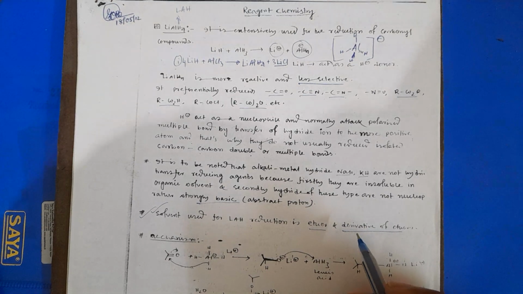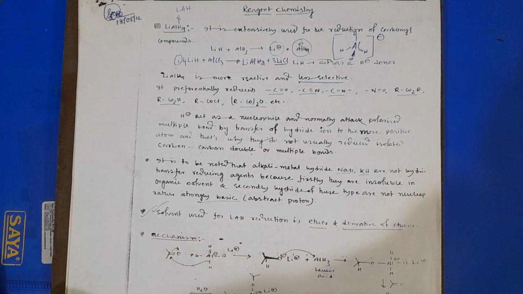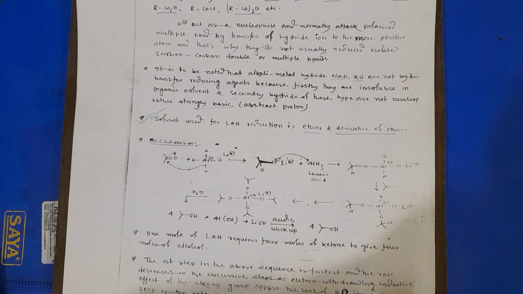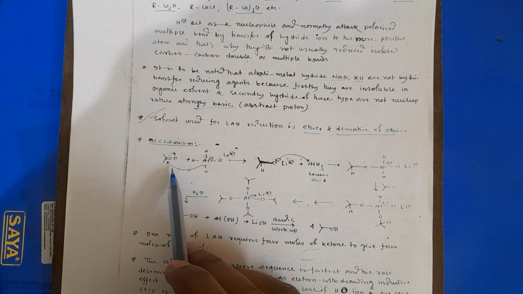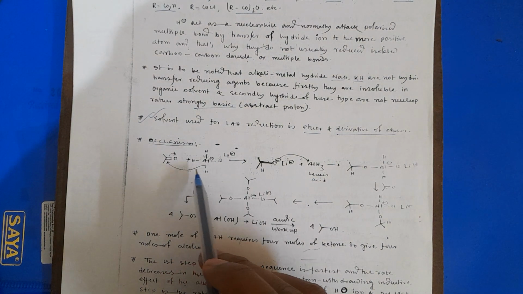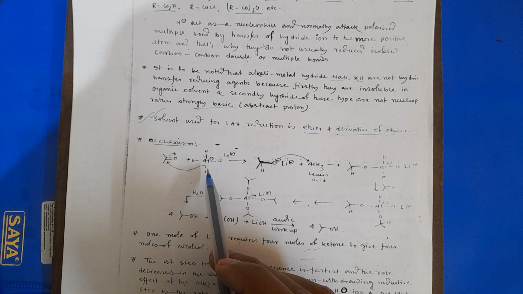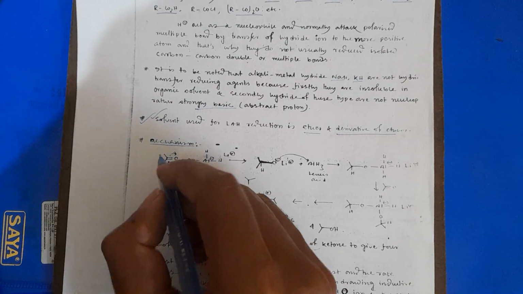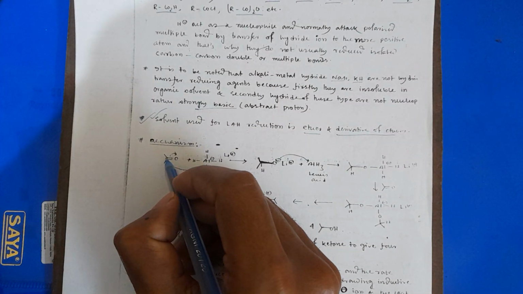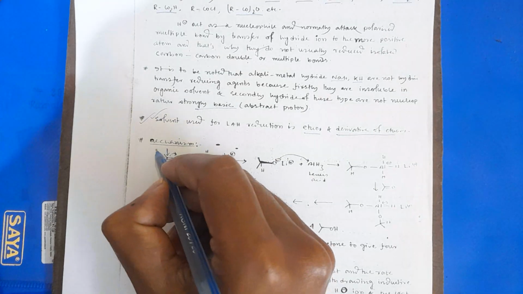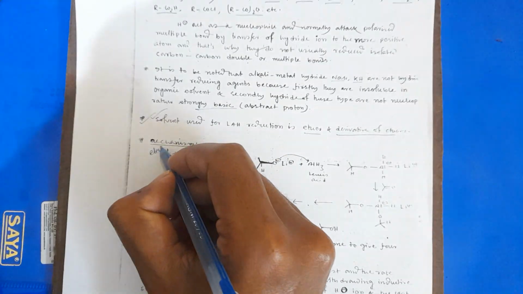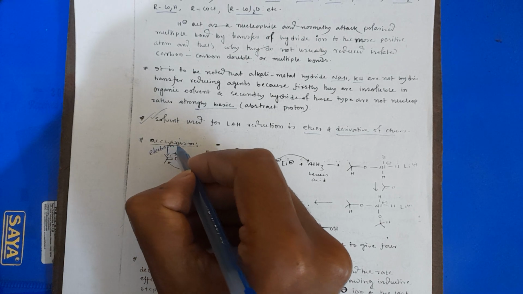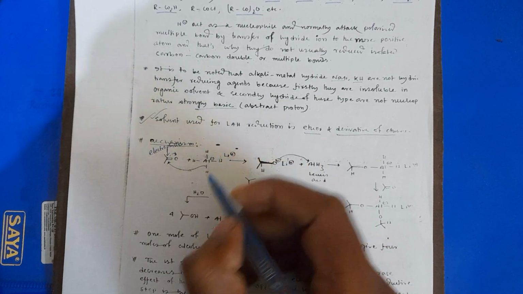Now next, coming to the mechanism part. Let's say you take any ketone substrate, that is the ketone substrate, and this is the anionic part of this lithium aluminum hydride reagent. Initially this hydride will attack this electrophilic carbon. This particular carbon center is electrophilic in nature.